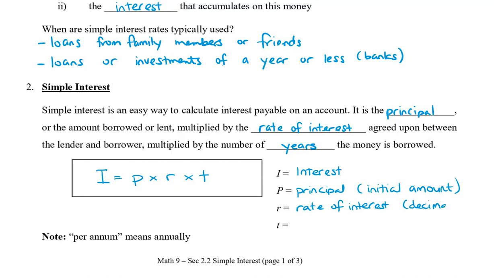And then finally we have time. Now, the rate of interest is usually given in years. So because rate of interest is in years, our time also has to be in years. Now, one more thing before we do some examples is sometimes you'll read some questions where it says per annum. And per annum is kind of a fancy way to say per year, which means annually.